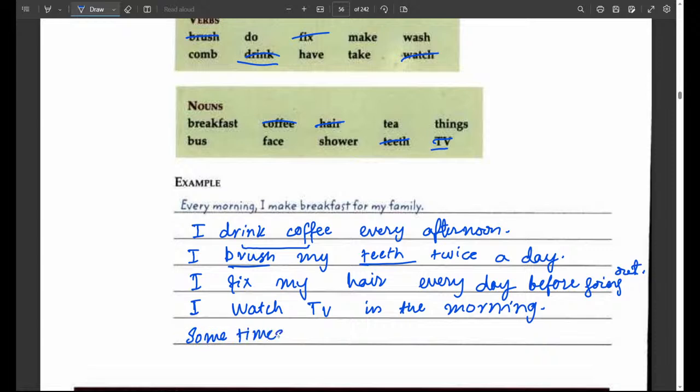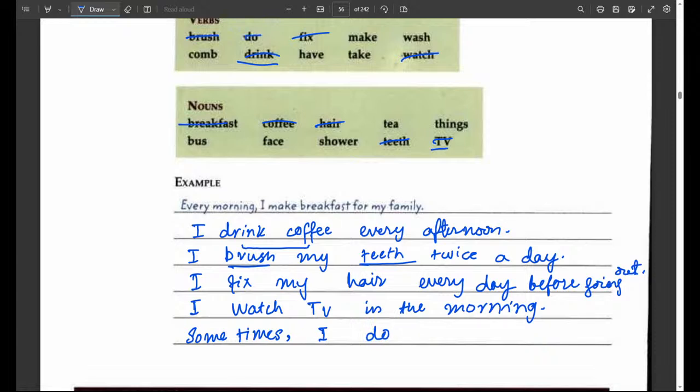Sometimes I do breakfast. Is it written?